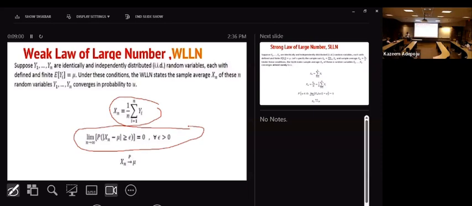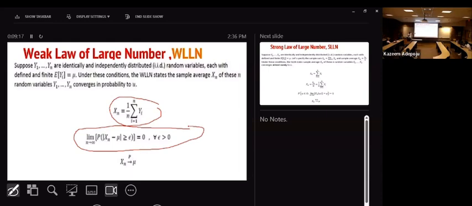As n tends to infinity, as the sample size becomes infinitely large, I want you to pay attention to something. When I put greater or equal to epsilon, the probability will be 0.